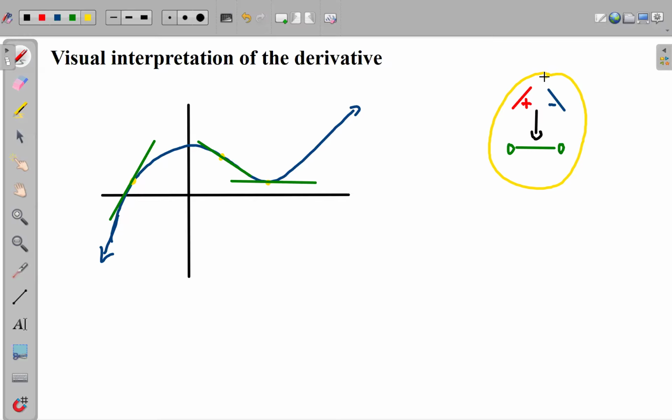Now, what I need us to understand at this point is that we've got 3 points of interest. One is literally giving us the increasing slope vibes. The other is giving us the decreasing, and the other is literally giving us the 0.